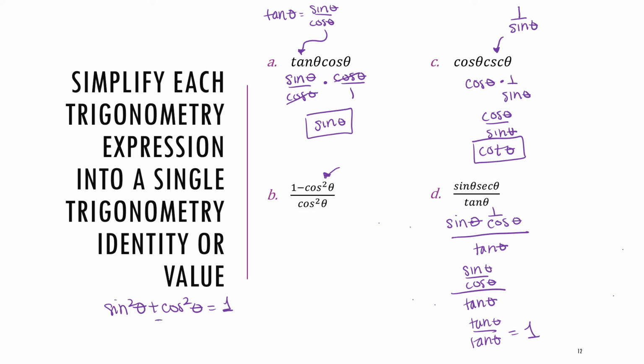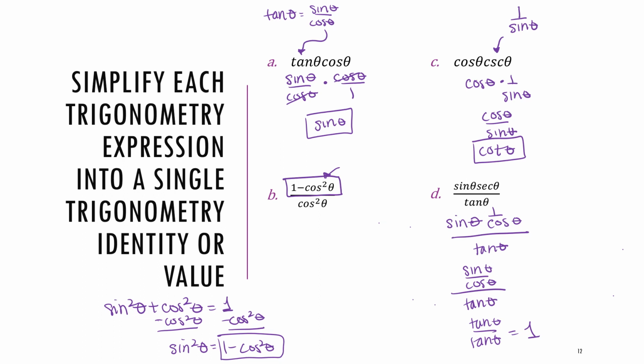Well, if I subtract cosine squared theta on both sides, this is where the manipulation and thinking about what algebra tricks you can use to help you comes into play. I can make this right-hand side look exactly like that numerator.